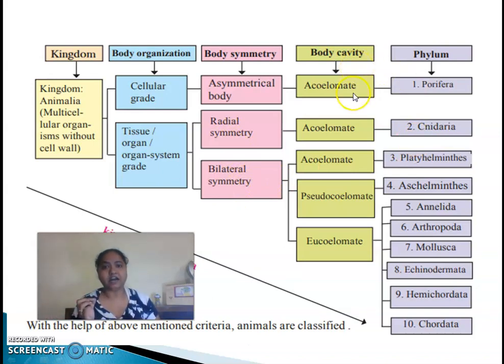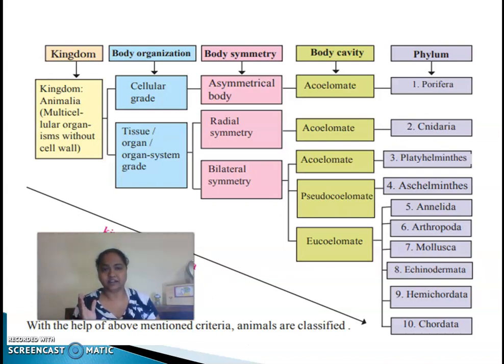True body cavities are known as eucoelomates. No body cavity are known as acoelomates, while false or untrue body cavity are known as pseudocoelomates. Then the last was segmented body. Small units that divide the whole body of an animal into small segments are known as segments.